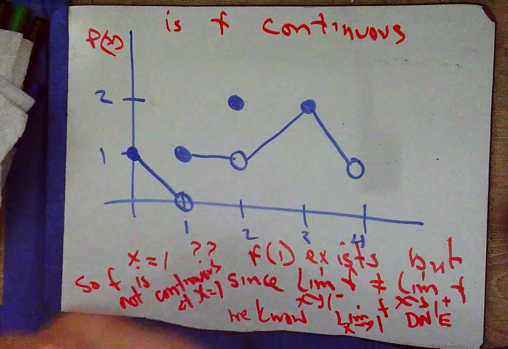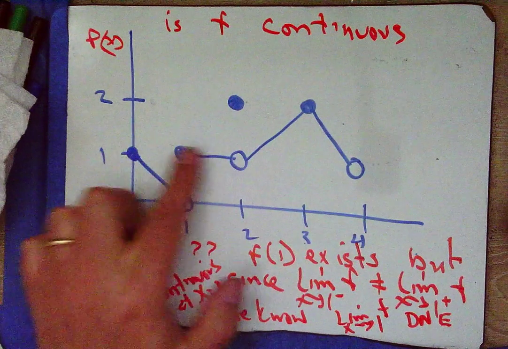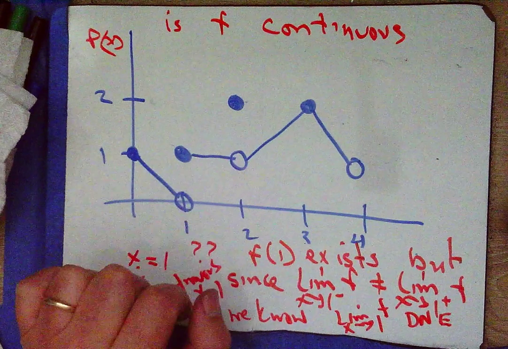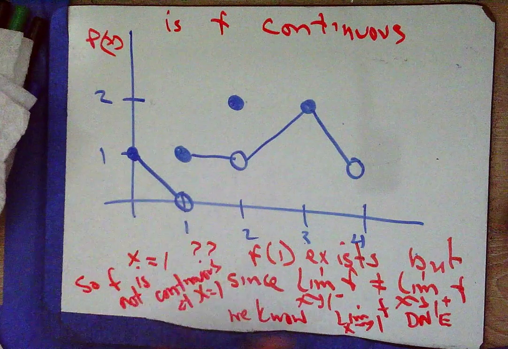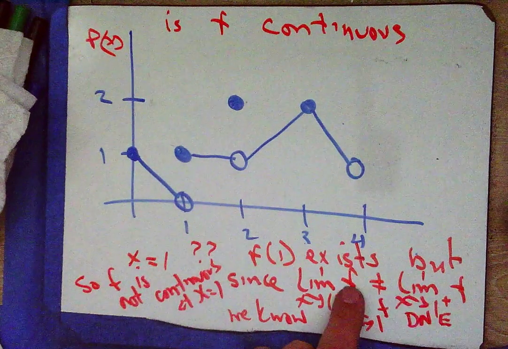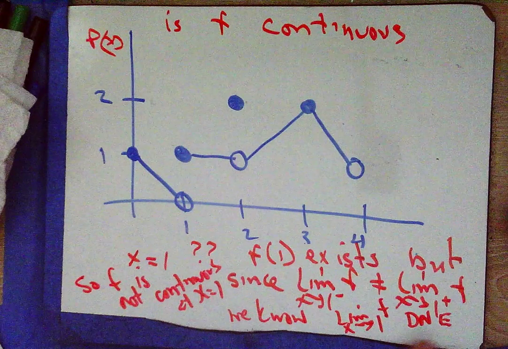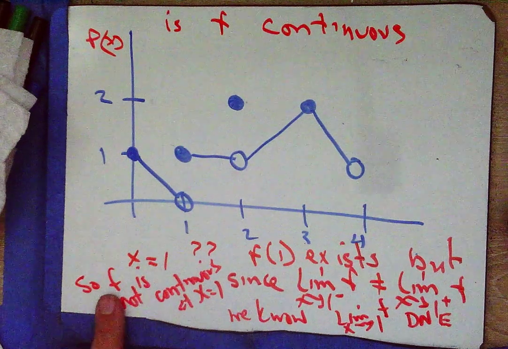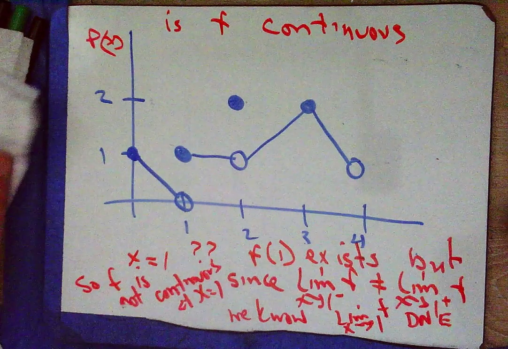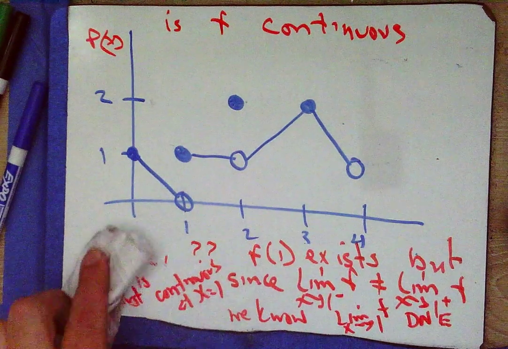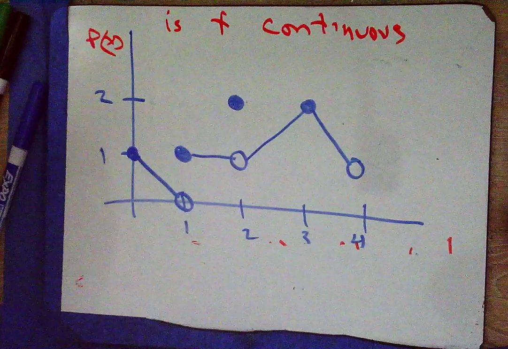Okay? Because I don't have a limit at that point, this piece is coming in towards 0, this piece is coming in towards 1. These limits are not the same. The limit at that point doesn't exist, and therefore, because the limit doesn't exist, f is not continuous at that point.